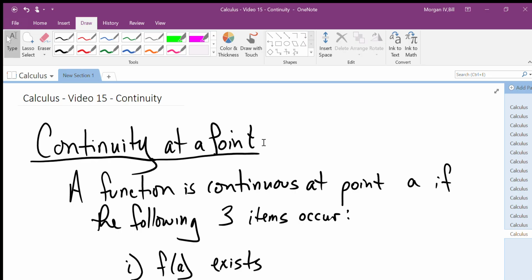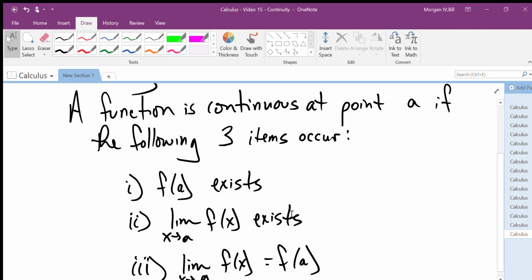A function is continuous at point A, right? So at a particular point A, if the following three items occur. One, and you should know this definition, I could ask this one: f of A exists. In other words, the function value exists, or the y value exists at the x value of A. If you're drawing a picture, at A there is a y value.